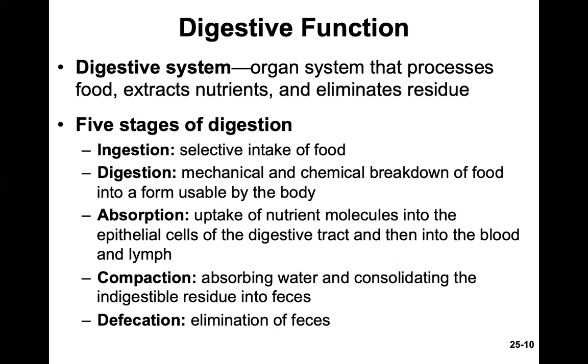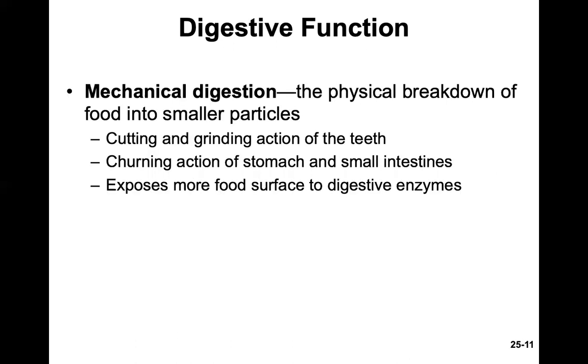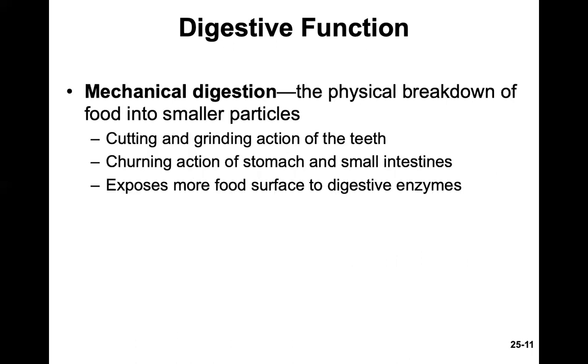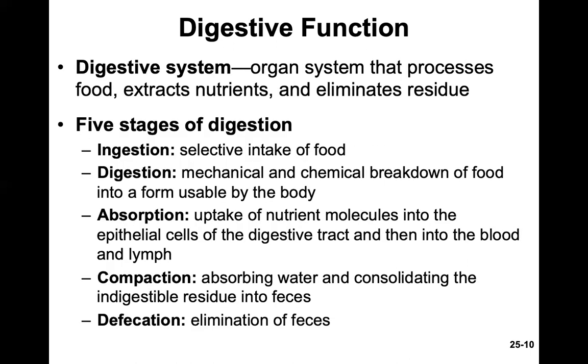And then you have defecation. You definitely, absolutely need to know these 5 stages of digestion. So mechanical digestion, you know what? I'll stop here and then we will start with mechanical digestion at the next video.